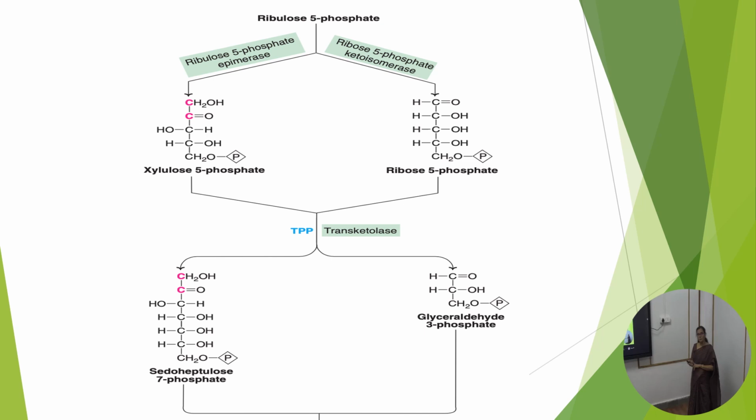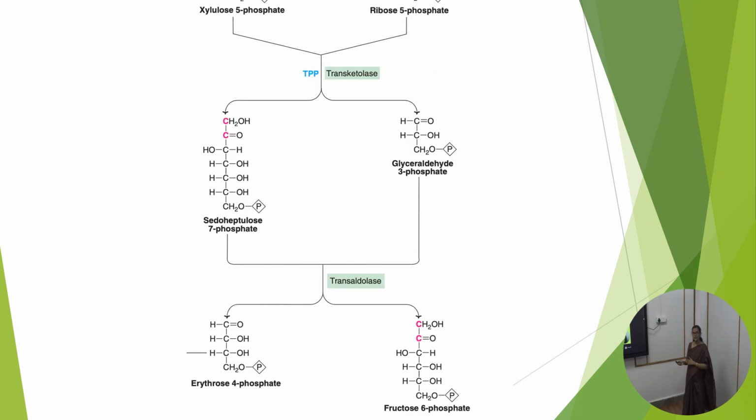When 2-carbon moiety from xylulose 5-phosphate is transferred to ribose 5-phosphate, this ribose 5-phosphate becomes a 7-carbon compound, that is sedoheptulose 7-phosphate. And the remaining 3 carbons of xylulose 5-phosphate form glyceraldehyde 3-phosphate. So in that reaction, we are getting sedoheptulose 7-phosphate and glyceraldehyde 3-phosphate.